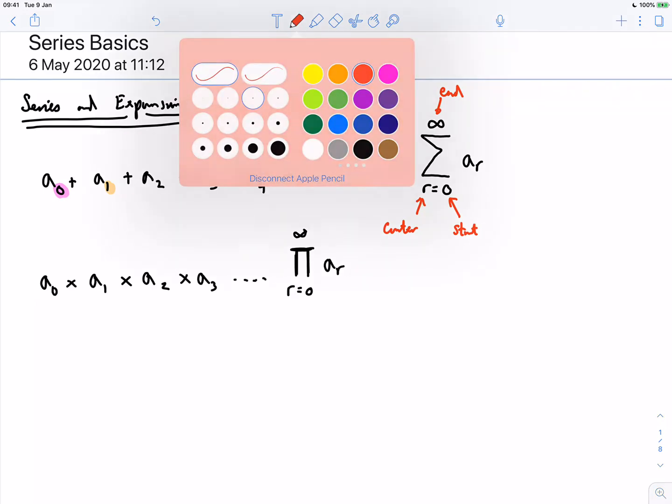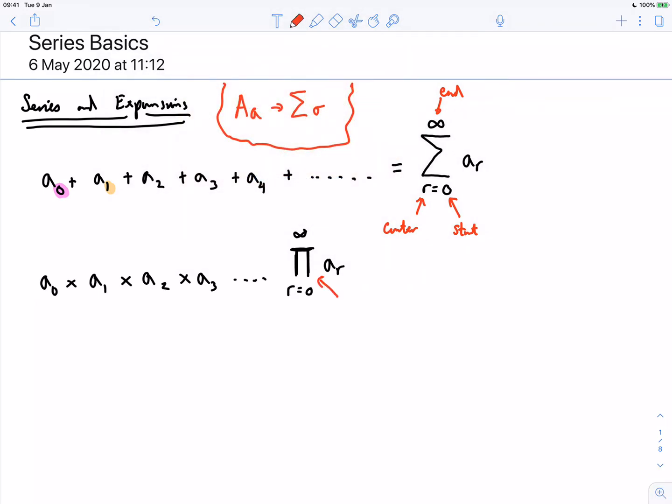The reason for that is because pi is the closest we have to a P, and it's P for product. This S, sigma, is S for sum, because we're adding them, and P for product.